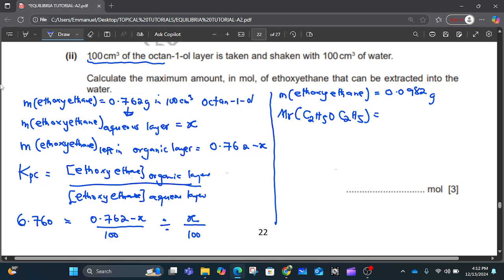The molar mass is equal to 74 grams per mole if you do your calculation well. So we know that amount is equal to mass over molar mass. And so our mass is 0.0982 grams divided by the molar mass, which is 74 grams per mole. So the amount is 0.00133 mole.